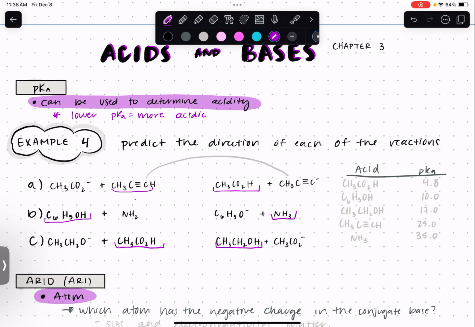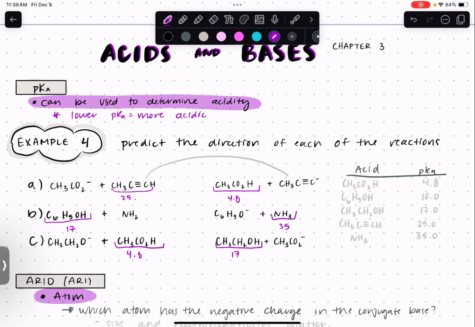And then we can look over at the chart here and write down our pKa's. So that one's a 25, 4.8, 17, 35, and then 4.8 again and 17. And the way that the reaction wants to go is from the stronger base to the weaker base.